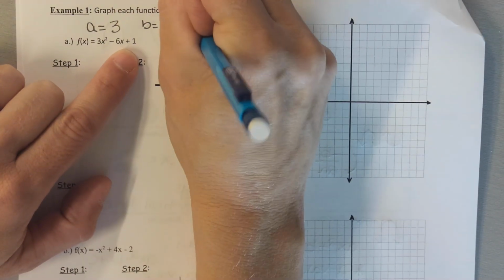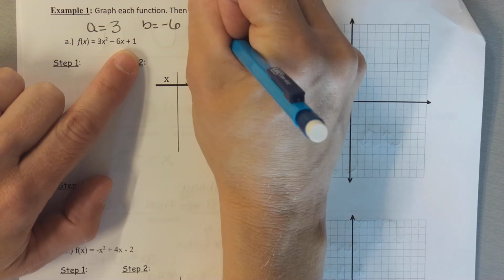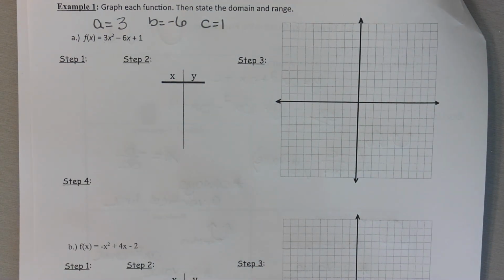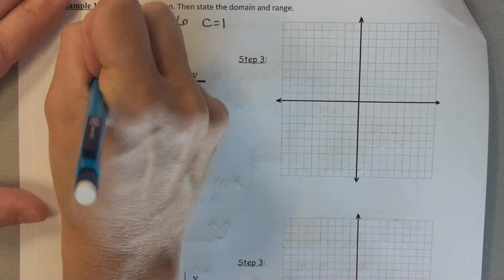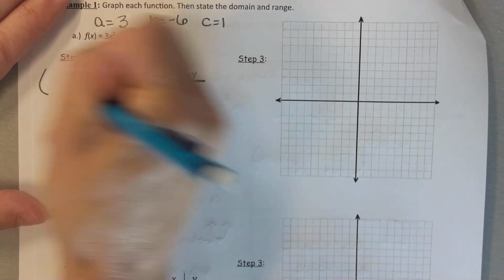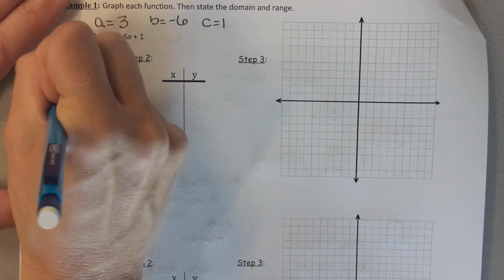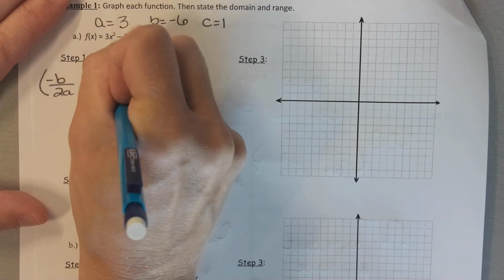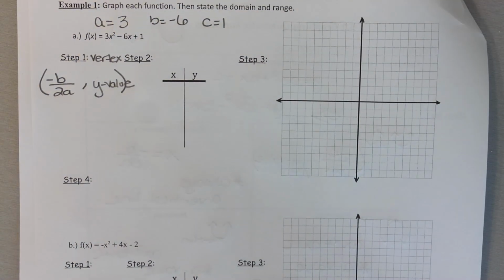And then my C value is the number that's sitting by itself, 1. Step 1 wanted me to find the vertex. So remember that it's negative b over 2a, comma, the y value. And we're going to have to calculate the y value on our own.